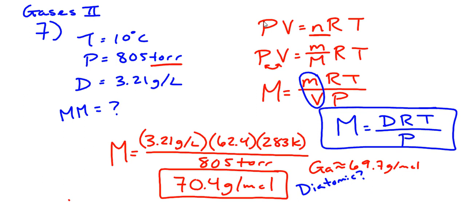We have 7 gases that are diatomic. So if you split 70.4 in half, that's roughly 35 with a little change. Hey, that's chlorine. So the compound that we're looking for must be Cl2. So couple that with our stoichiometry in STP, not at STP, and then utilizing density and molarity.